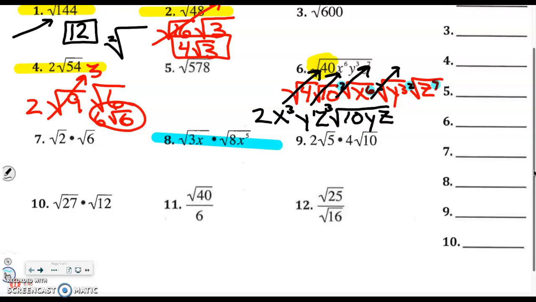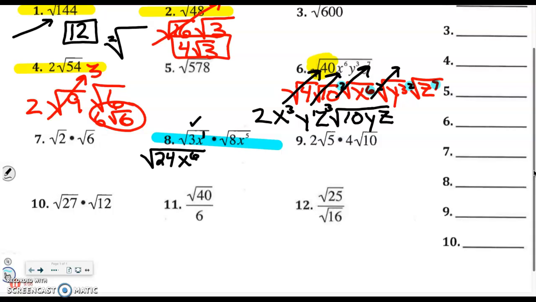All right. You were taught yesterday that when you multiply, you can combine what's under that root. So I'm going to do the 3 times the 8, which gives me a 24 under there. And x to the 1st times x to the 5th is x to the 6th. Now I'm going to attack this just like I did number 6.